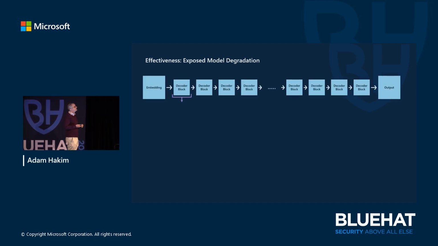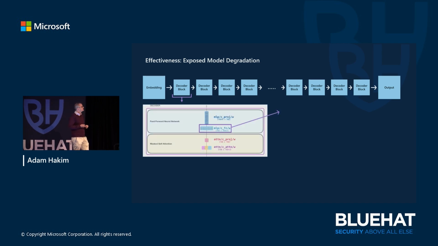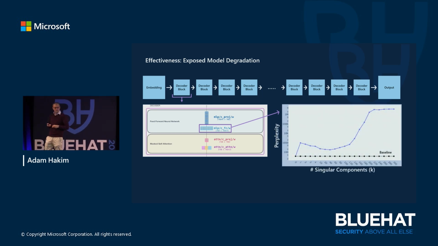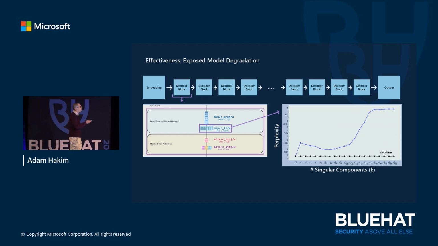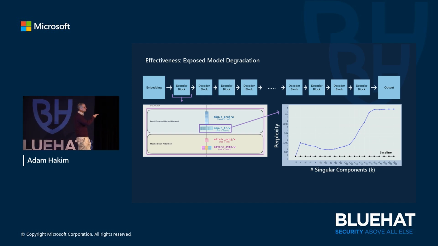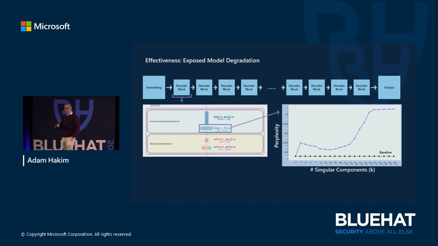This is, again, the architecture of GPT-2. We look at the first decoder block here. Inside that block, there's a layer called the CFC layer. And we're going to remove different amounts of singular components, values and vectors, from that specific layer in that block. You can see on the x-axis the different amounts of components that we removed, and then the perplexity score of the model.